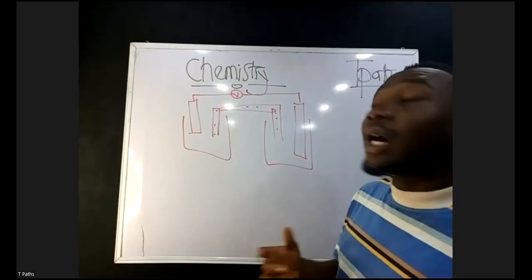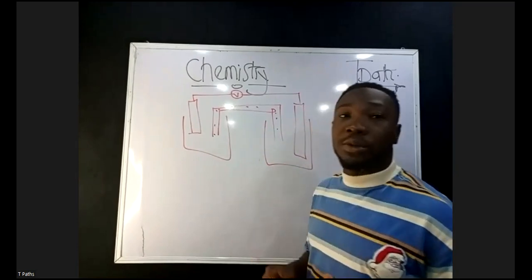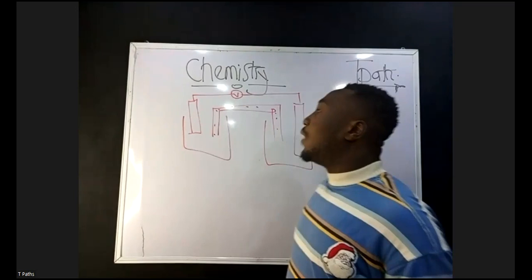Please understand. First of all, we have an anode. An example is the zinc copper couple.